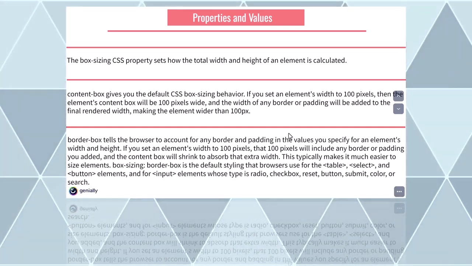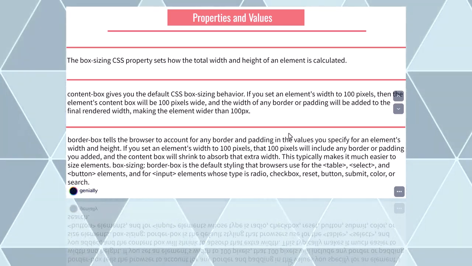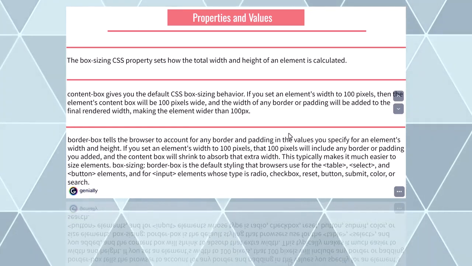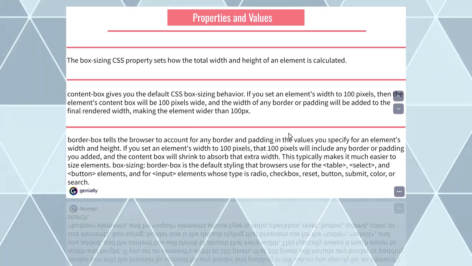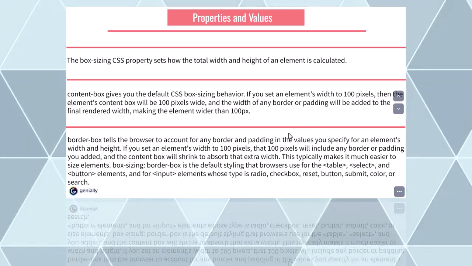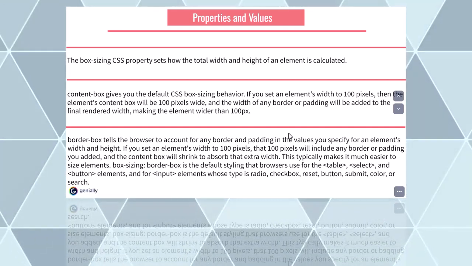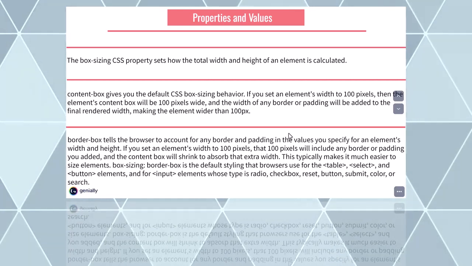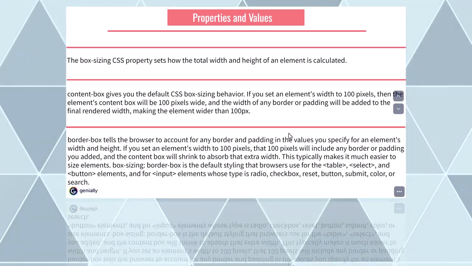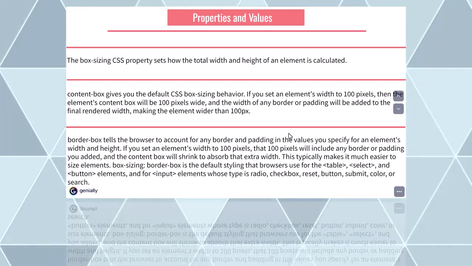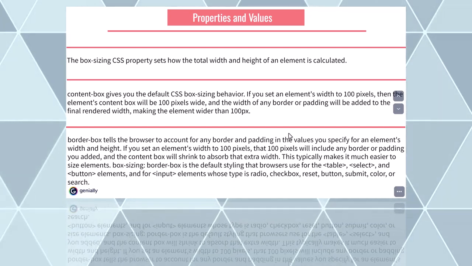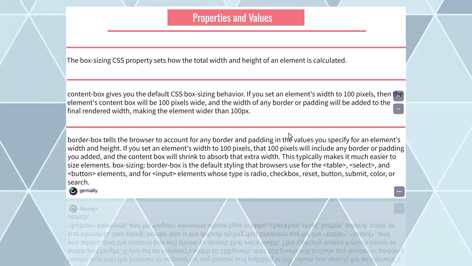The border-box does not add, it absorbs as defined. The border-box tells the browser to account for any border and padding in the values you specify for an element's width and height. If you set an element to 200 pixels, that 200 pixels will include any border or padding you added, and the content box will shrink to absorb that extra width.